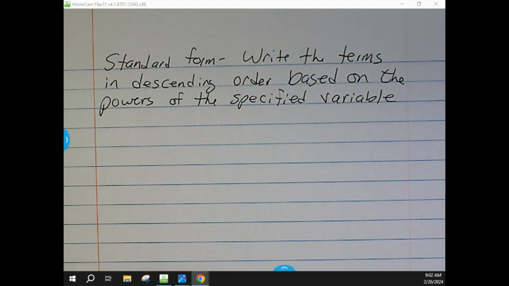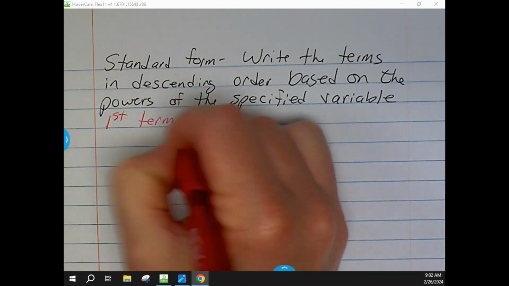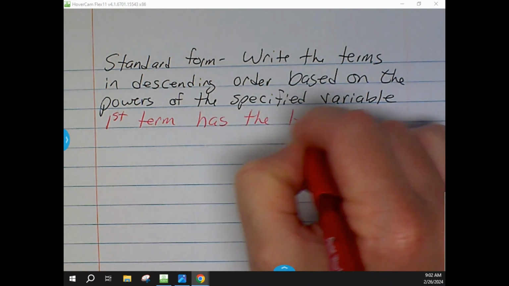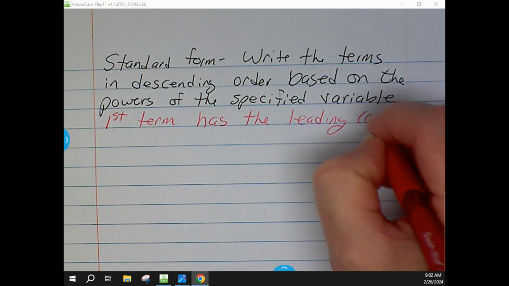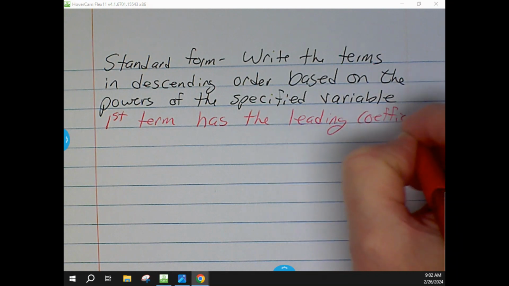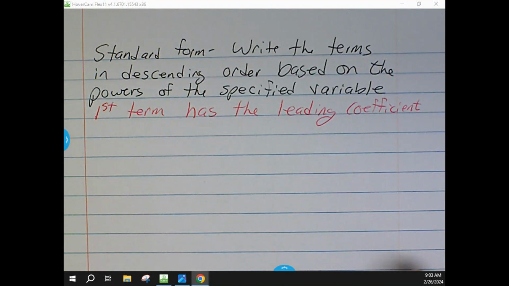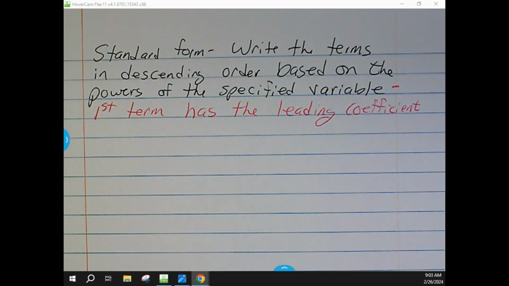The first term in standard form has what they call the leading coefficient. We'll talk more about the leading coefficient in just a minute, but we have one other thing to do before we get back to that part.